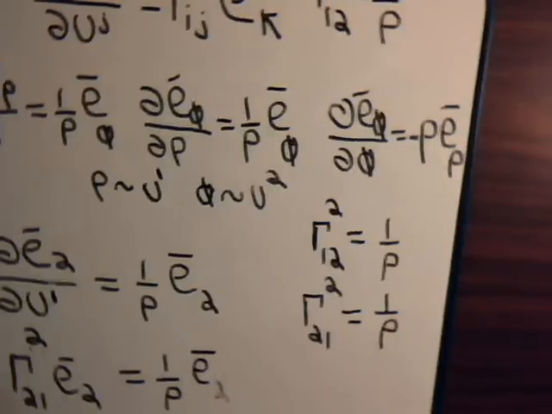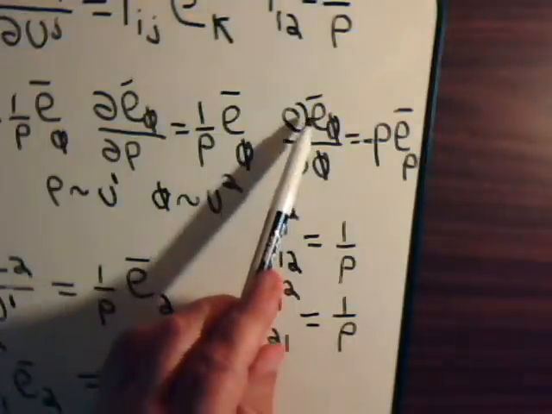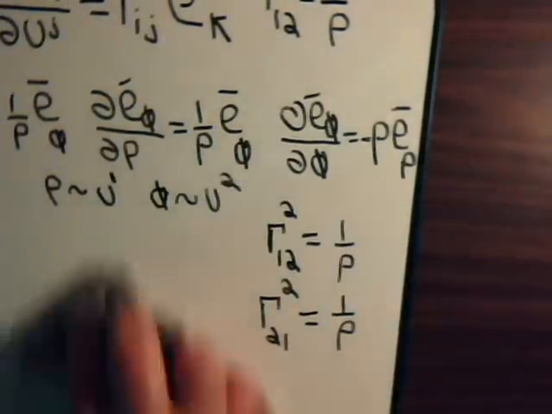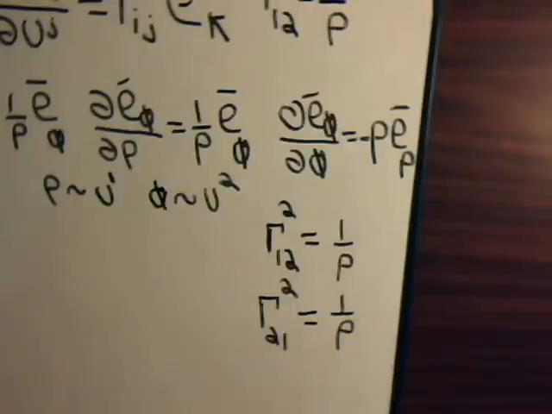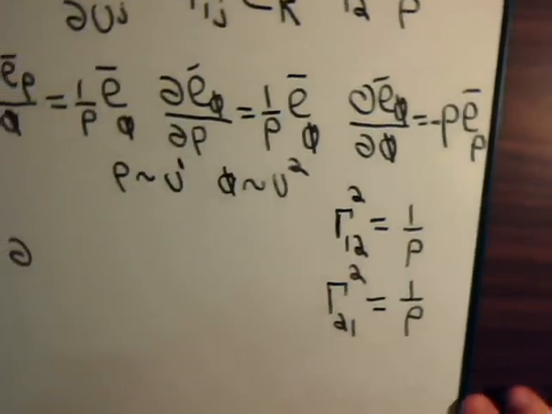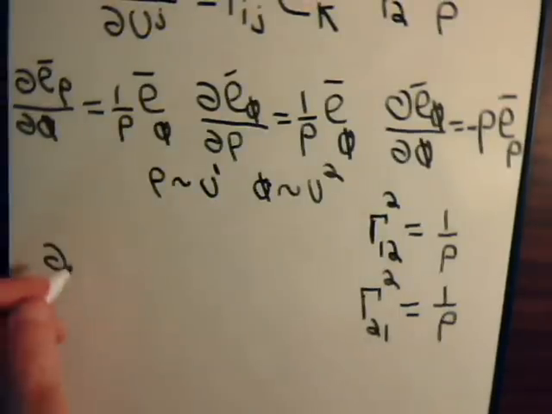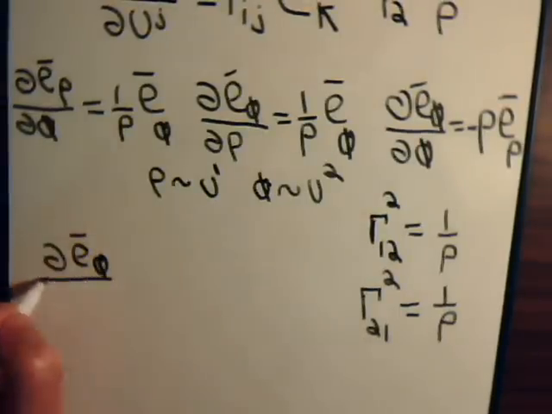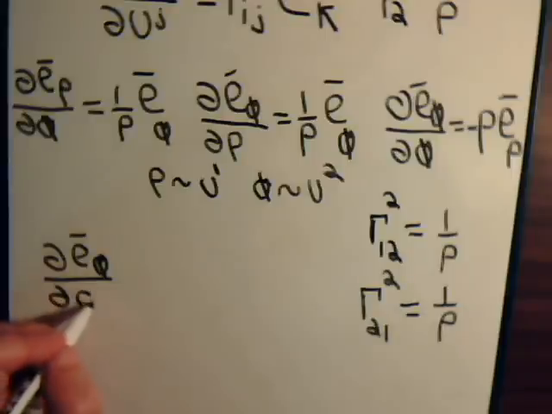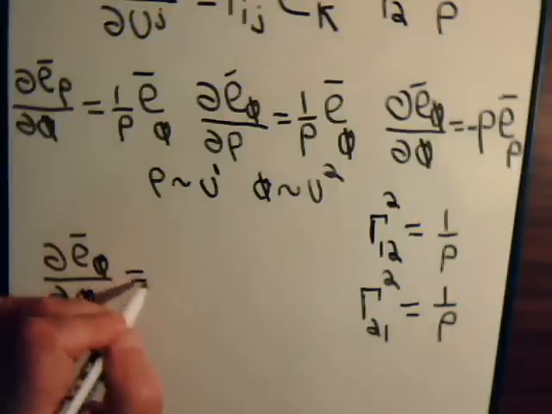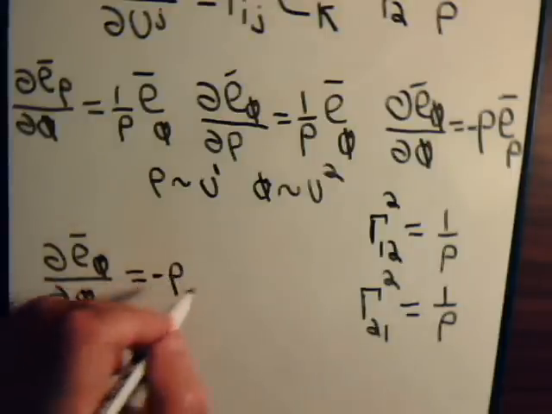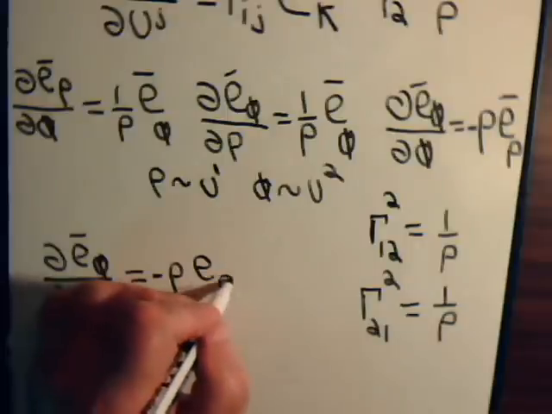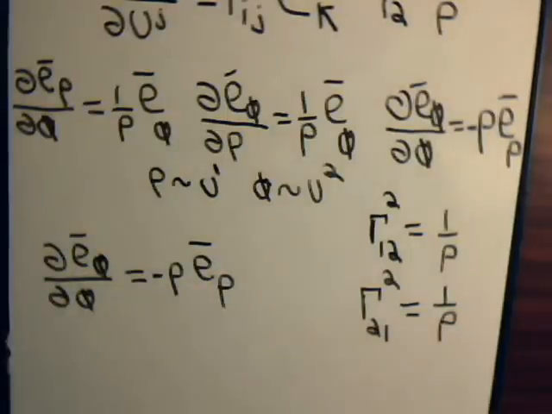Now we have one more to determine, and that's this. We have the partial of E psi with respect to psi equals minus rho E rho.